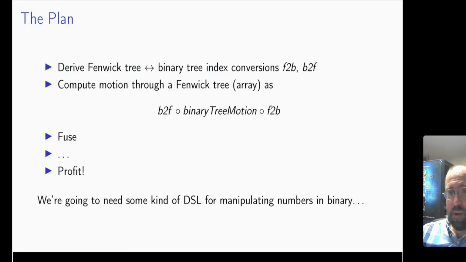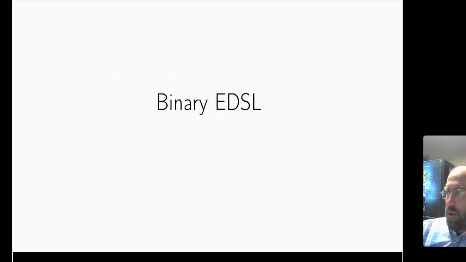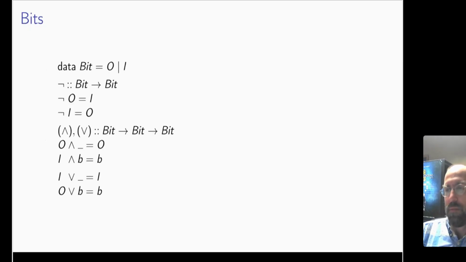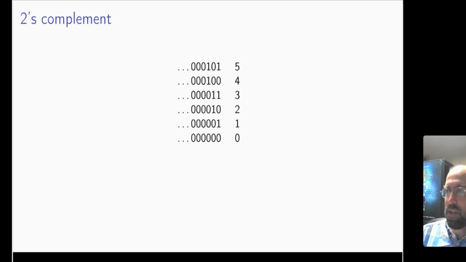So in order to do that, we want some kind of domain-specific language for manipulating numbers in binary. This is using Haskell notation, though it's not really specific to Haskell. We can make a data type for bits. We can have not, and, or, standard kinds of things.